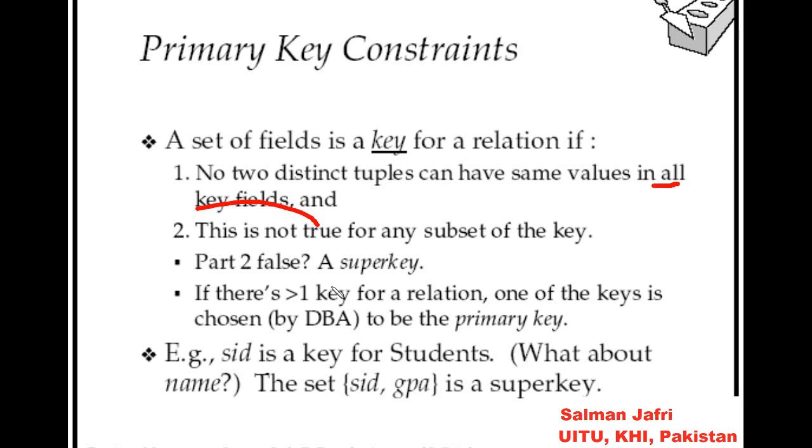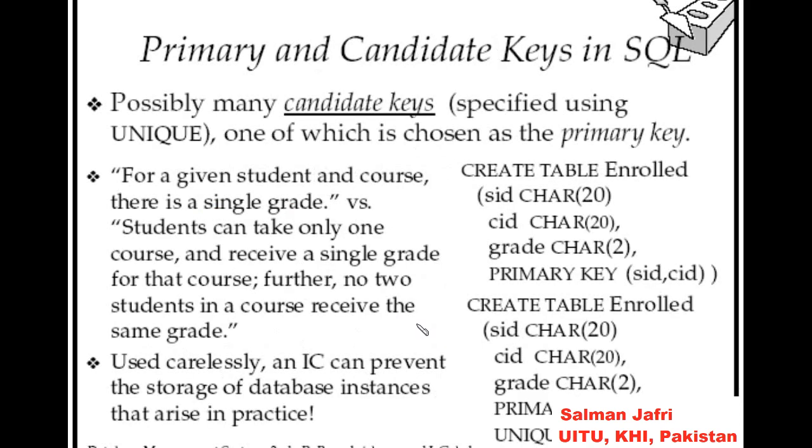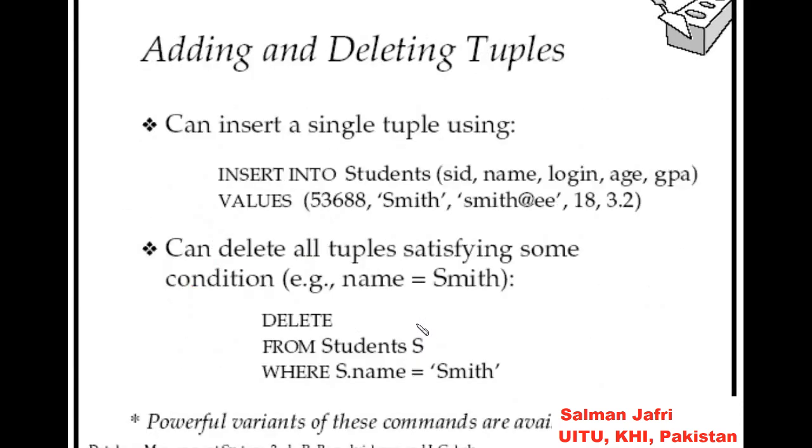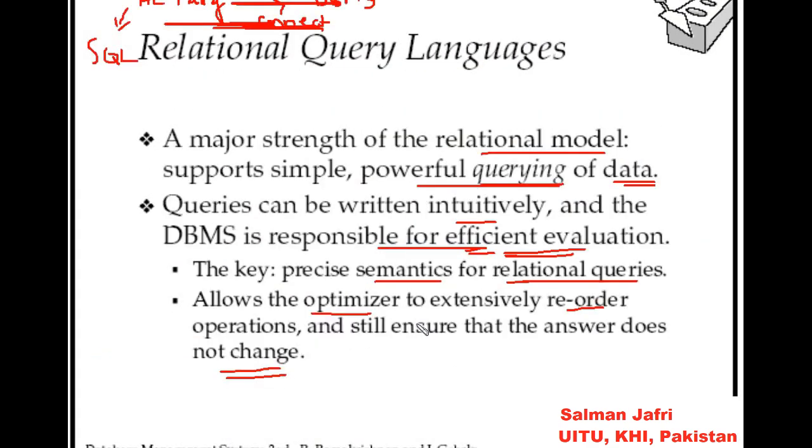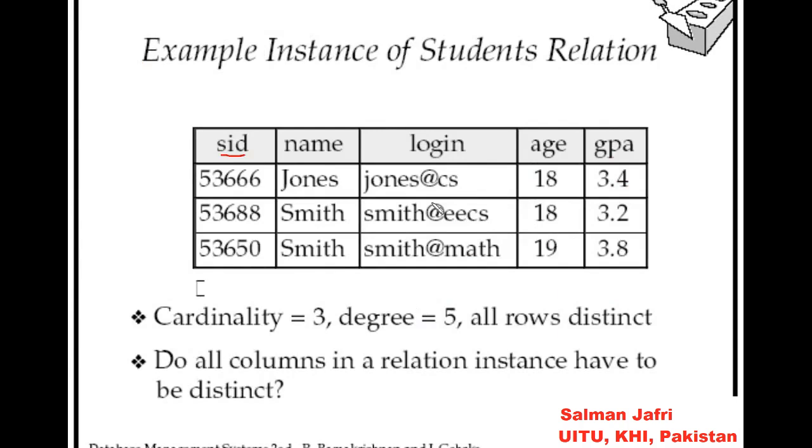But if part 2 is false, which means that all the key fields are distinct, then we have the concept of the super key. For example, let's look at the students relation. This is the students relation, right?